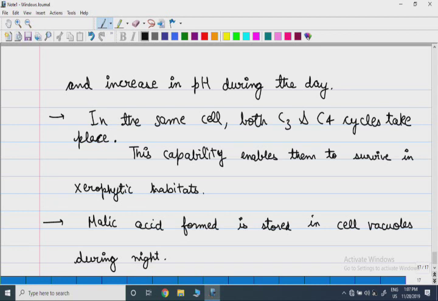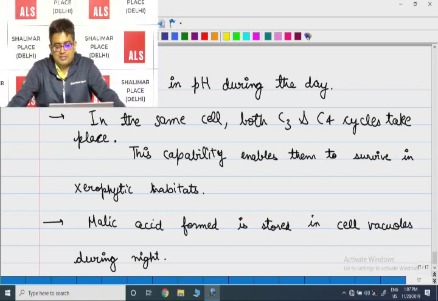I can tell you something which can help you convert sour pineapples into sweet pineapples. And that will take only 5 seconds. Everybody likes pineapples, right? Pineapple is a CAM plant.